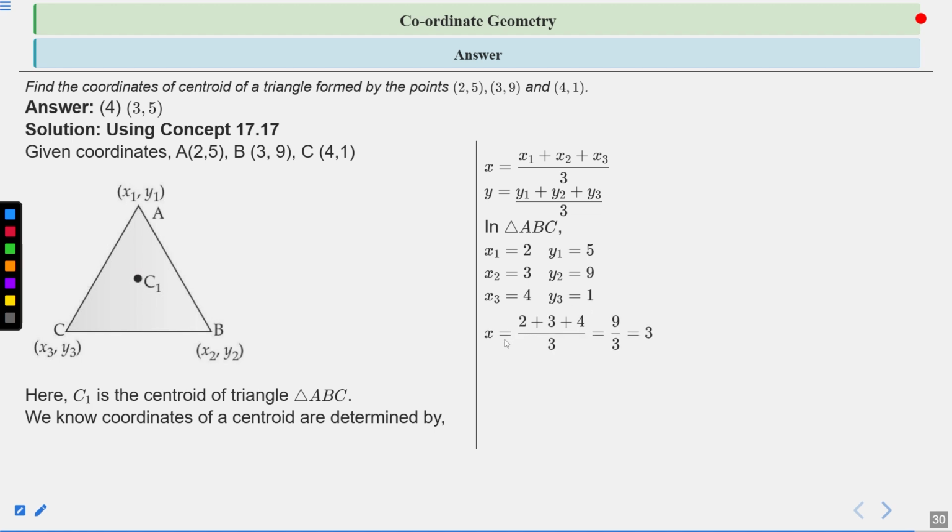Just applying it, we get the value of x as 2 plus 3 plus 4 by 3, which is 9 by 3, we got 3. The value of y will become 5 plus 9 plus 1 by 3, which is 15 by 3, which equals 5. So the coordinates of the centroid are 3, 5. So the fourth one is the correct answer of this question.